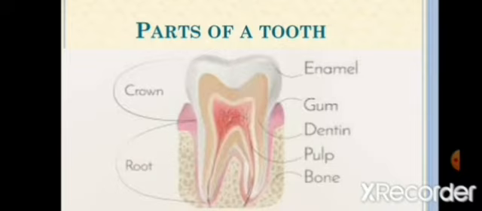The crown of each tooth is covered with enamel, which is the hardest substance in the human body. Below the enamel is the dentine, which is like a bone. It is the largest part of the tooth and is very hard.